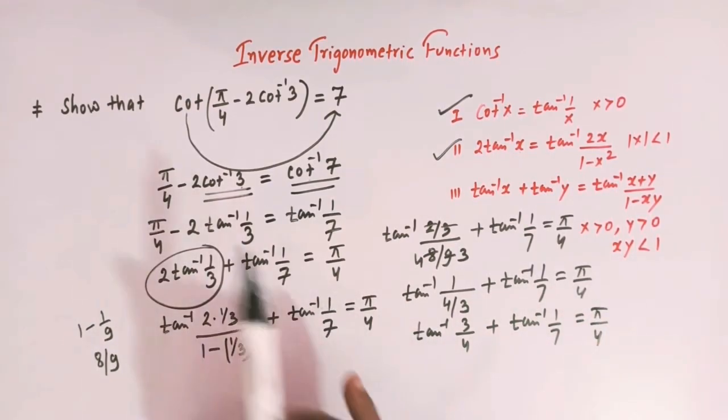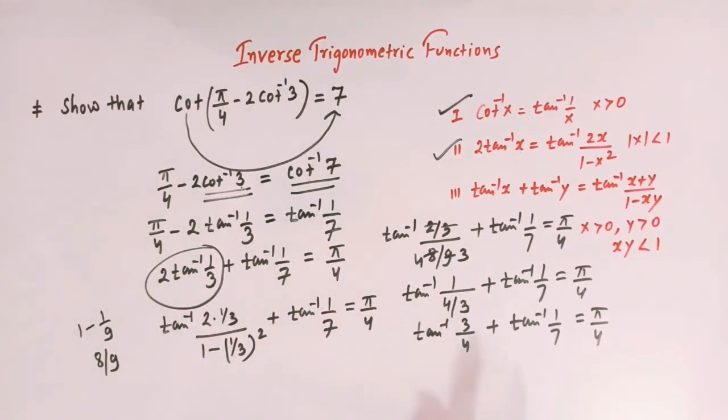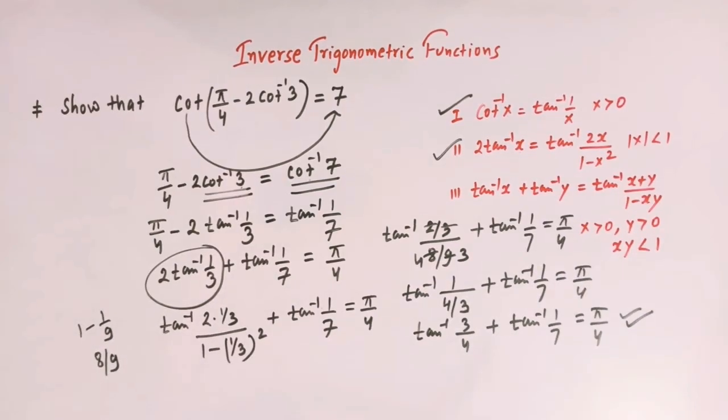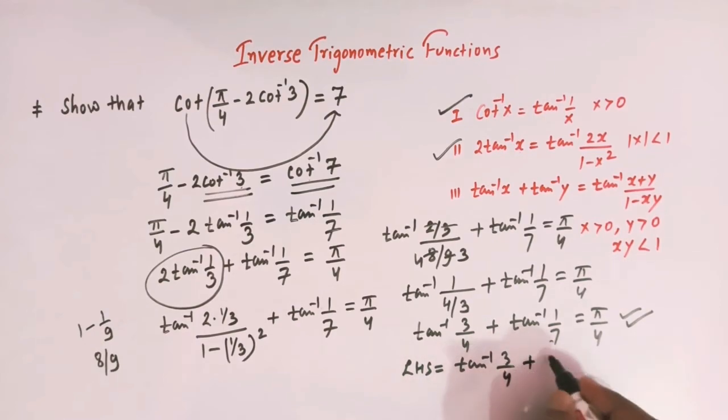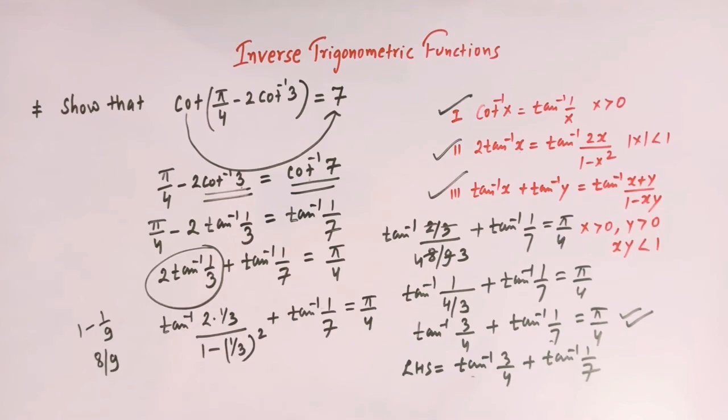Viewers, see, initially we were given this expression, and now we have reduced it to this one by making use of these two results. Now the left hand side is tan⁻¹(3/4) + tan⁻¹(1/7), and we can apply the third result to this expression.